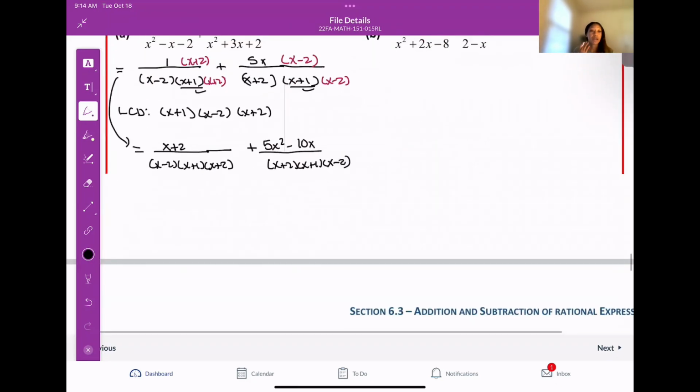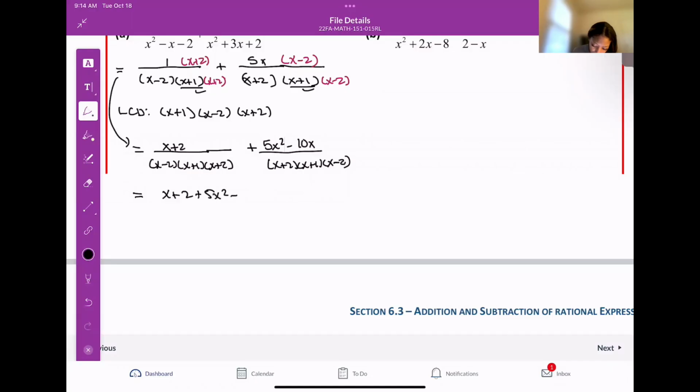All right, but now our denominators are the same. Bigger expressions, but the denominators are the same. We can combine these numerators. This is addition, so we're just adding all of the terms: x plus 2 plus 5x squared minus 10x all over (x minus 2)(x plus 1)(x plus 2).